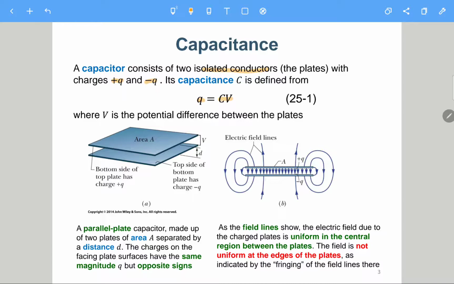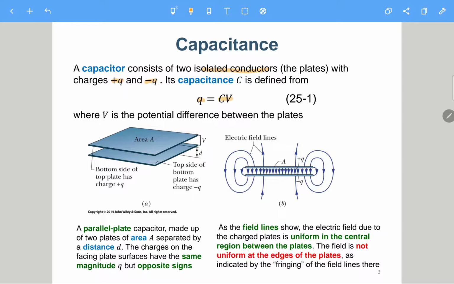And then if you provide a larger potential difference between the two plates, there will be more charge accumulated at this capacitor. So it is proportional, a linear relationship.